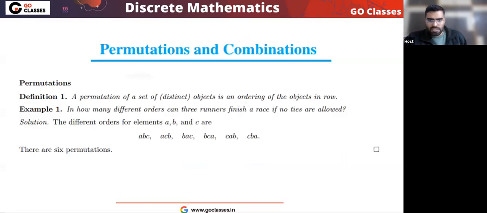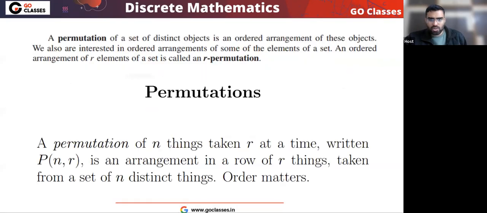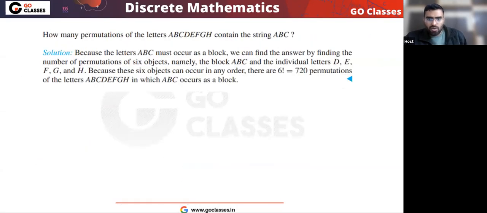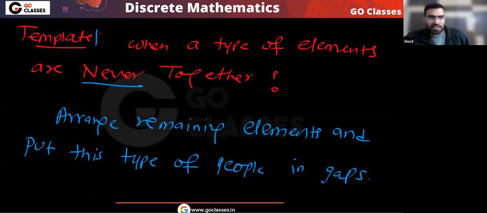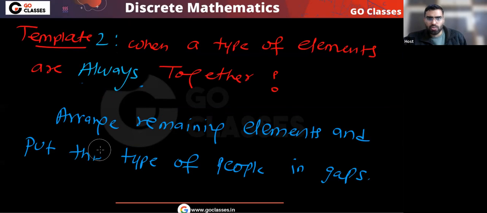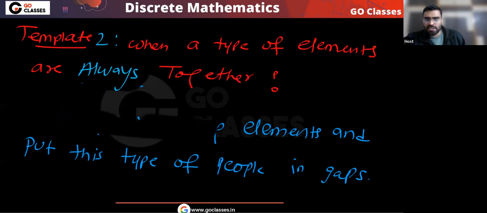Now, permutation combination, you already know. So let's solve some nice questions. The template, when some things must be together, you have seen. Another template is when one type of people are always together. Then what should you do? Put them in a box and treat as one element. Yes or no?